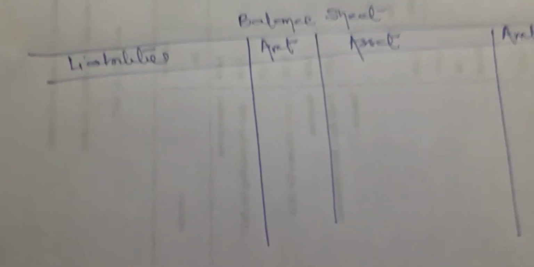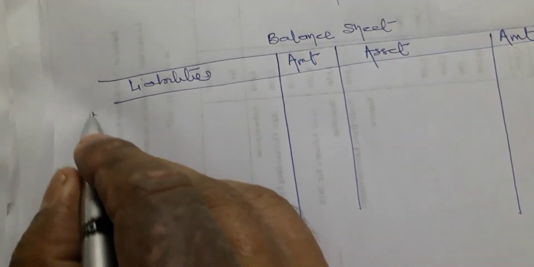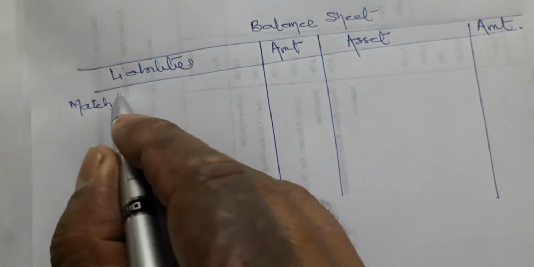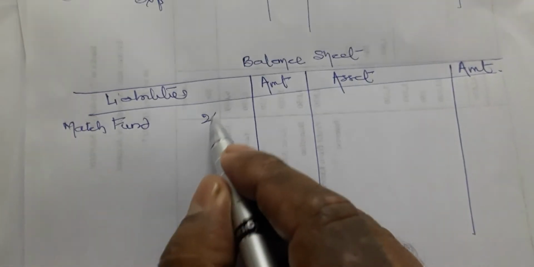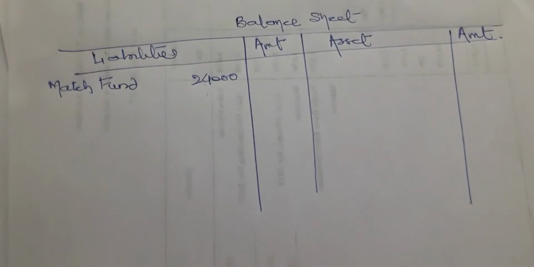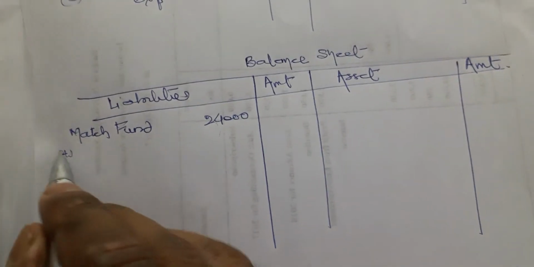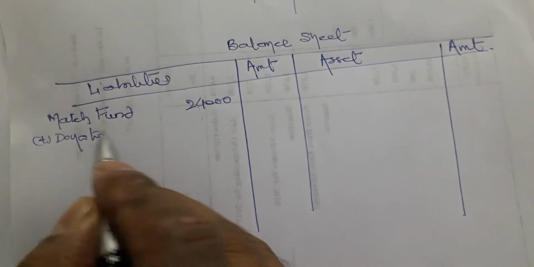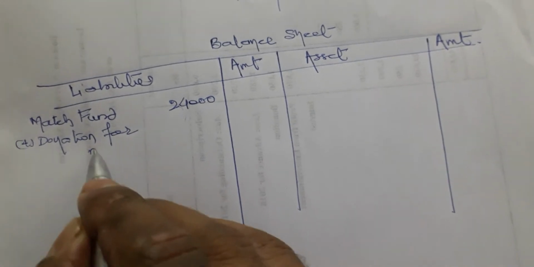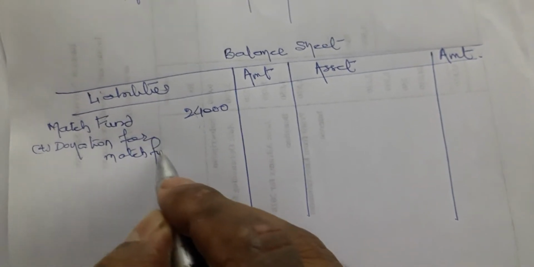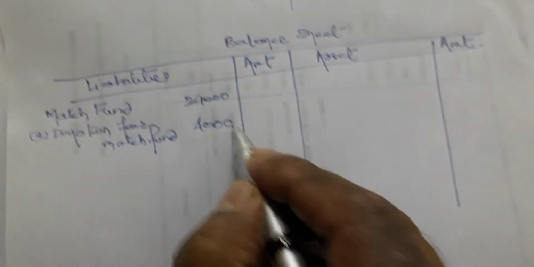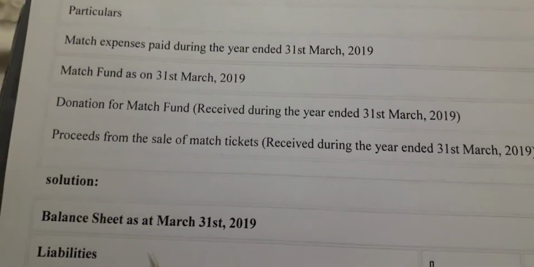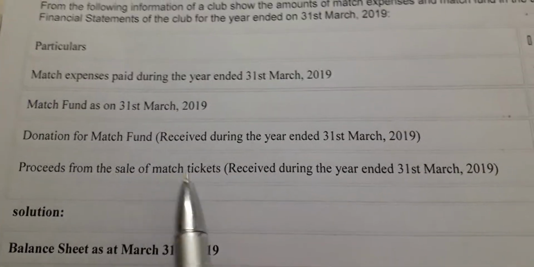So on the liability side of the balance sheet, we have a match fund of rupees 24,000. We have also received donation for this purpose. And we have also received money from the sale of match tickets.